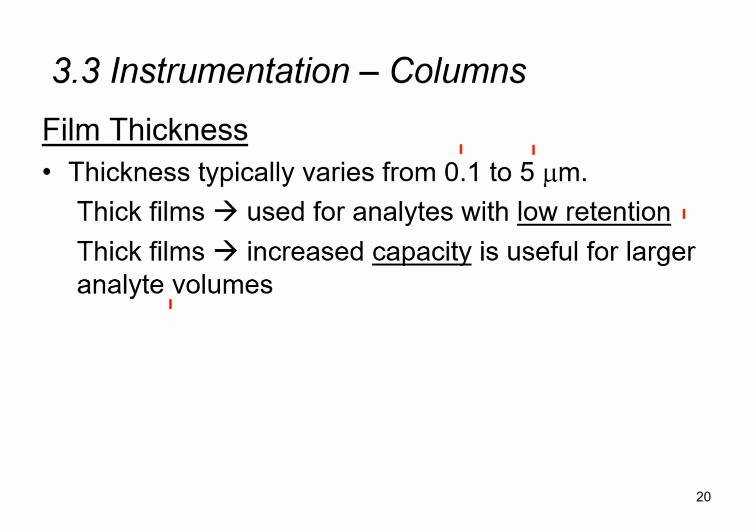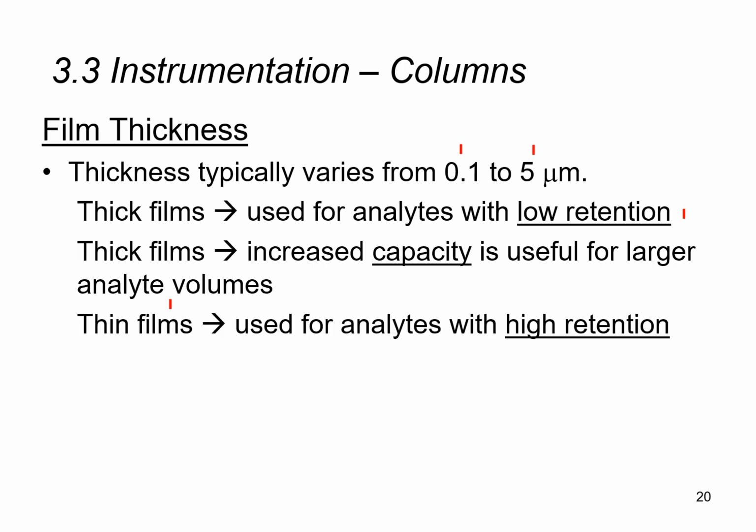So we need a slightly thicker film that will give us more space for the gaseous molecules to interact with the film or the stationary phase. So earlier we did mention that if we have analytes with, by nature, very high retention, we would stick to columns that have somewhat thinner films.